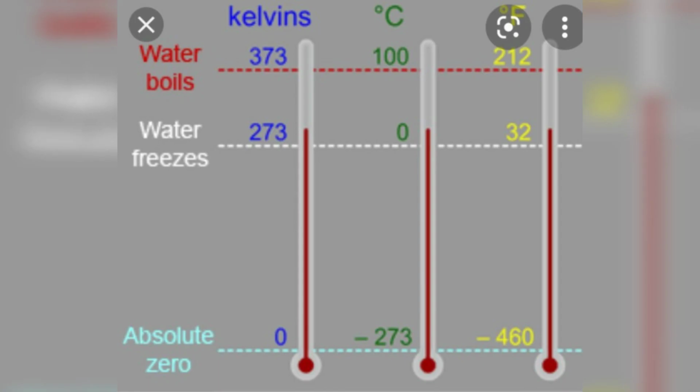One more thing: what is the least point present in the Kelvin scale? That is 0 Kelvin, equal to minus 273 degrees Celsius, known as absolute zero. In a similar way, the readings you take in the Kelvin scale are called absolute temperature values. So whenever you express temperature values in the Kelvin scale, it is called absolute temperature.